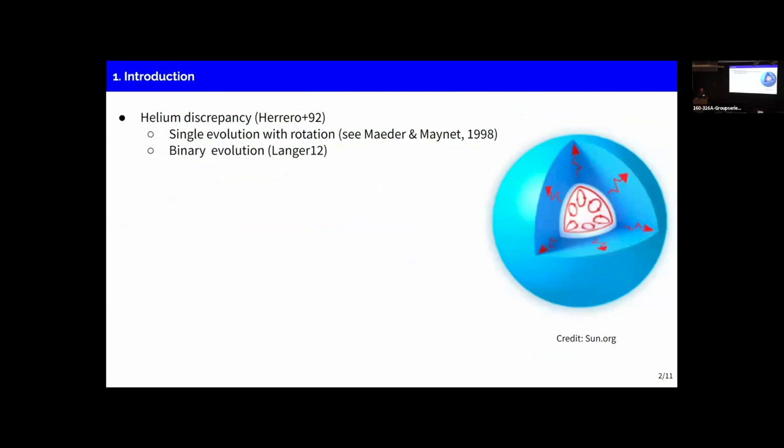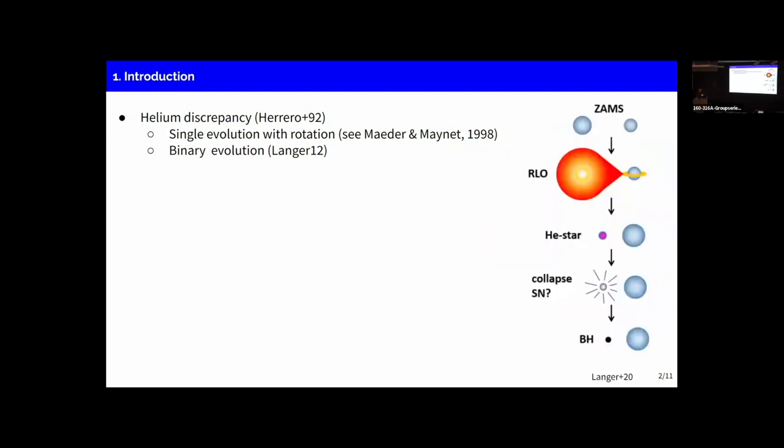So different theories were proposed for solving that. Two main theories were: a higher mixing efficiency, which would translate into contamination on the surface, or binary evolution. In this case, we can have both. As usual, we have been talking about it for the last few days, a common envelope or Roche lobe overflow.